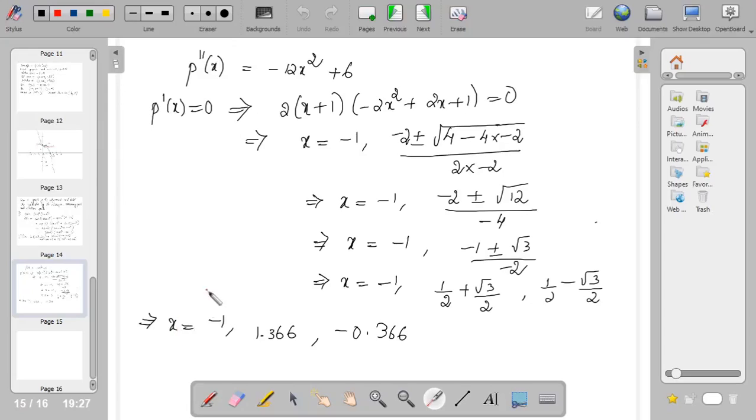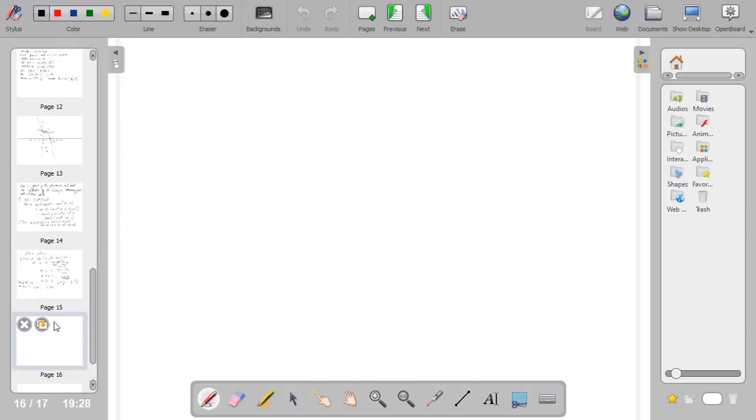So the critical points are x equal to minus 1, then 1.366, then minus 0.366. Now let us see whether the critical points are maxima or minima.